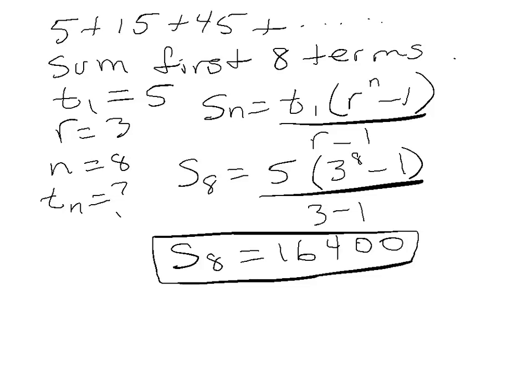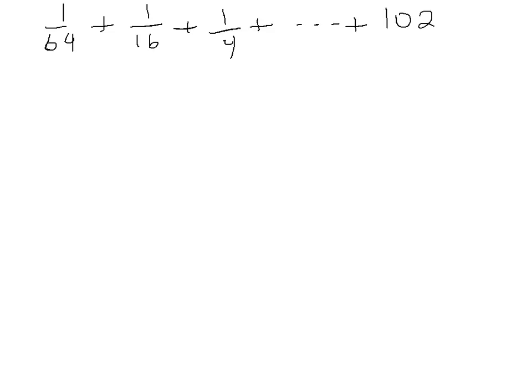Okay, so now we can look at a question where, so far we've been having whole numbers, right? Now let's look at 1 over 64 plus 1 over 16 plus ... all the way up to 1,024.